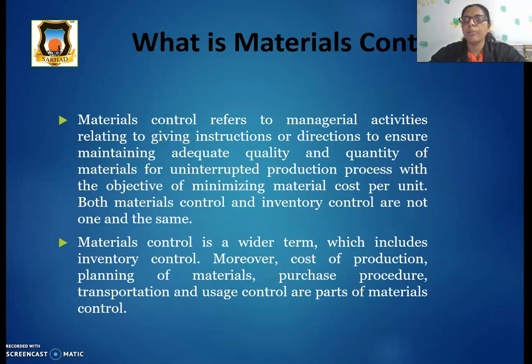Inventory control is a technique of maintaining stocks at a desired level, whether they are raw material, work in progress or finished goods, with the primary object of minimizing the cost. Material control is a system that ensures the continuous availability of all types of material in right quantities and right qualities, but without blocking excessive investment in raw material and inventories.